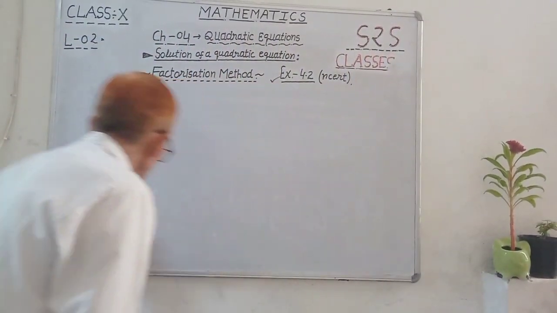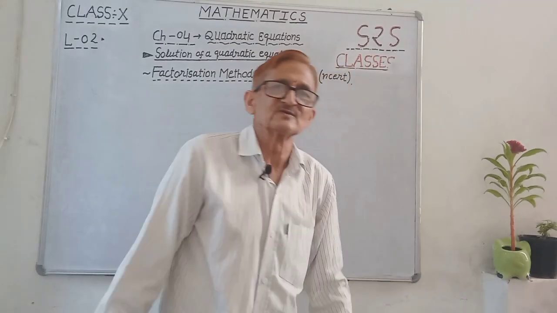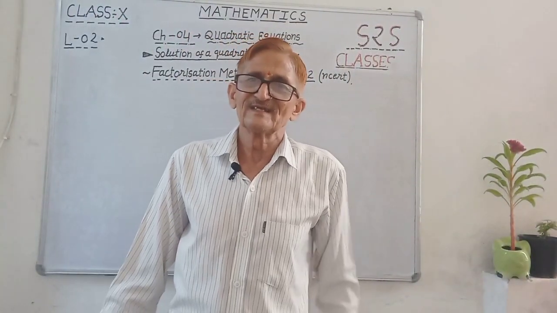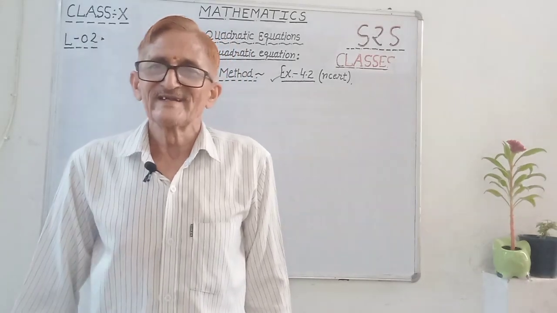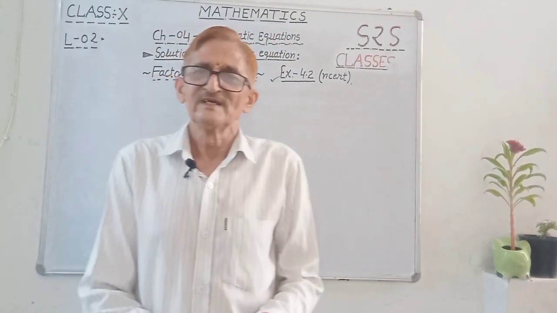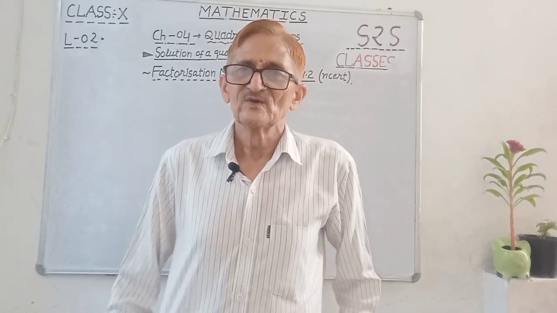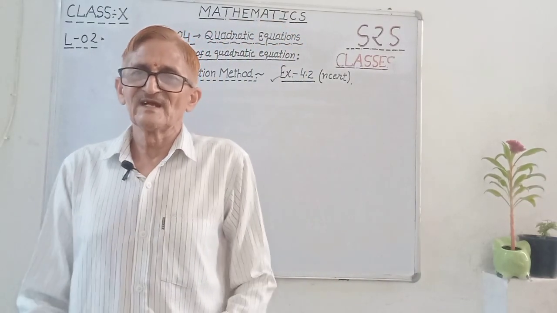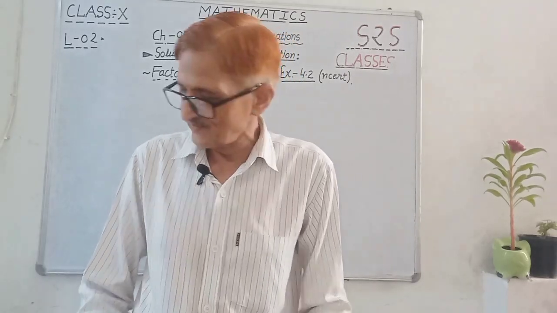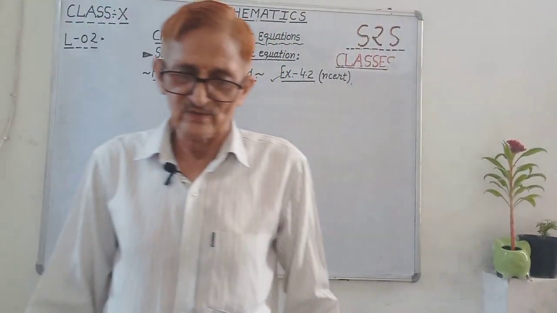If any quadratic equation is not possible to solve by this factorization method, then the second method is the quadratic formula method, which we'll discuss tomorrow in the next video. Today we have only done the factorization method and this question. Similarly you can do any question.